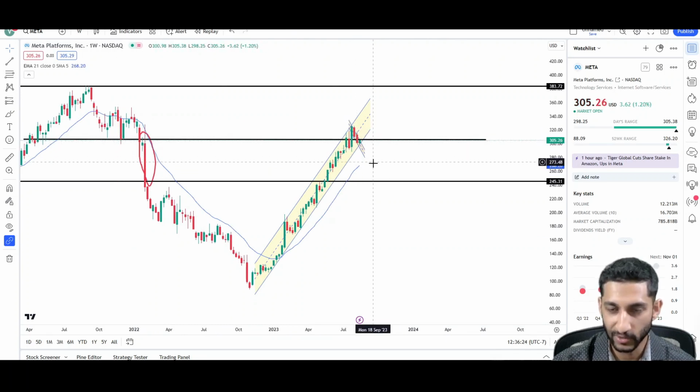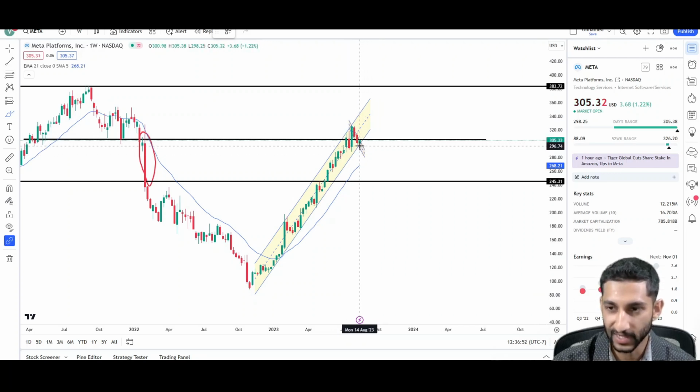So a break of this yellow channel would signal that the bears are definitely still winning, but a break of this orange downtrend channel would most likely resume the uptrend once that is played out. So that's how I'm looking at Meta right now. I would not be doing anything if I was going to buy or sell, because obviously I don't want to sell because it's a strong uptrend and we're still within the channel, and I don't want to buy because we have this micro downtrend in play.